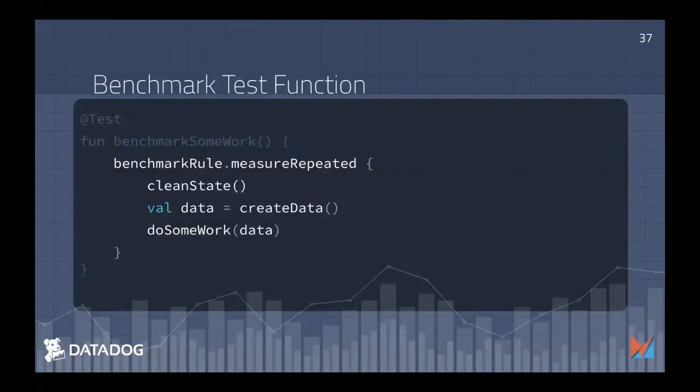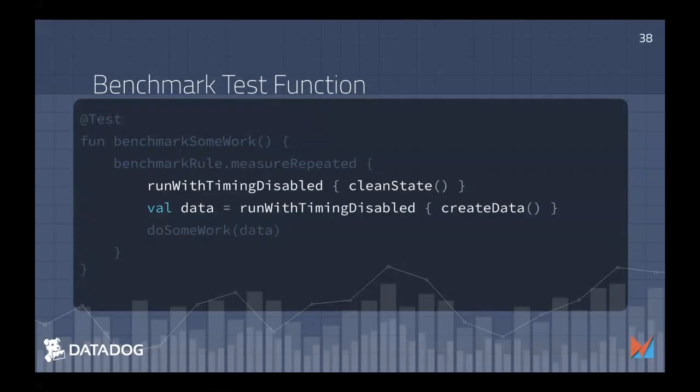Sometimes, because this is repeated, you're going to need to reset the state of your system and the test. So you need to clean up some things within your block. You need to create some new data to pass to your methods. But you only want to measure the do some work call and not the clean state and create data, because these are not part of what you're testing.